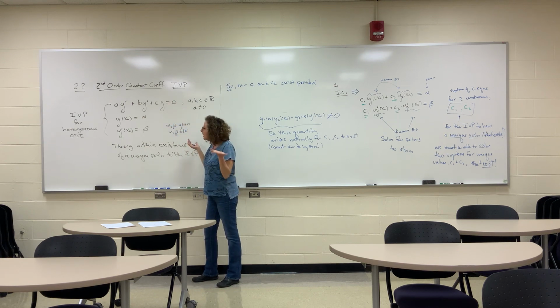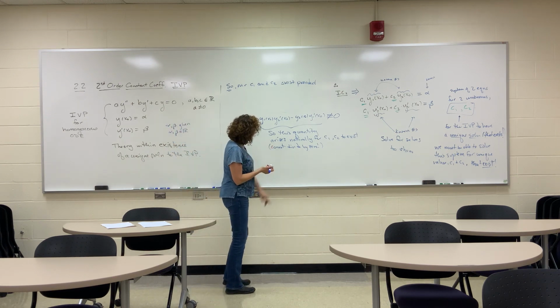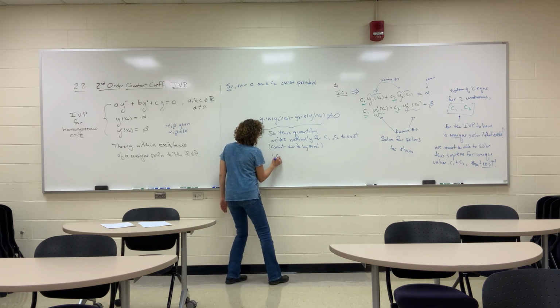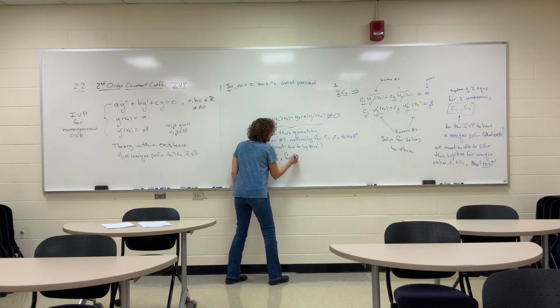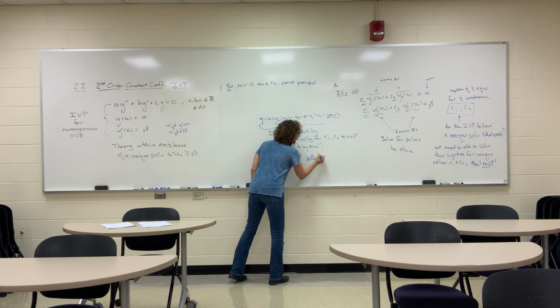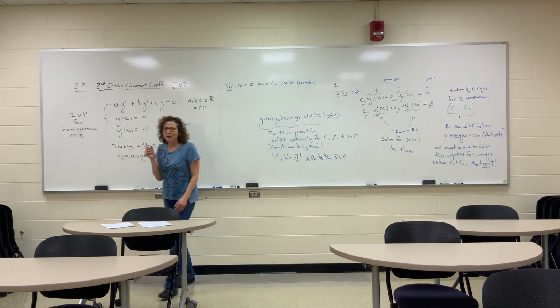One and only one solution for the initial value problem. So this quantity arises naturally for C1, C2 to exist, i.e. for there to exist a unique solution to the initial value problem. So maybe it's not so random.